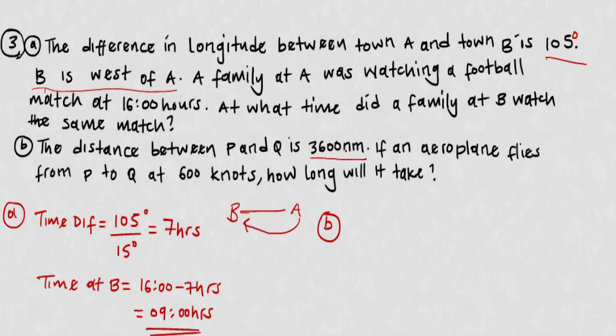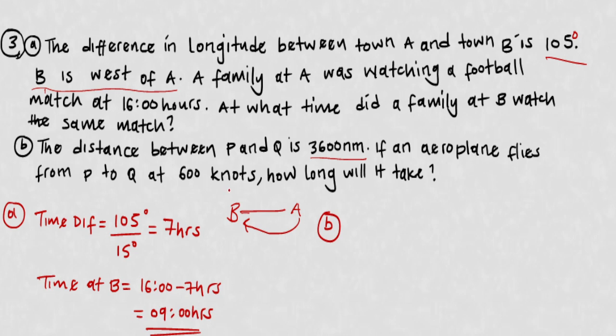But what should come in your mind when you see the word knot? Knot is a unit of speed. So knot refers to speed when distance is in nautical miles.